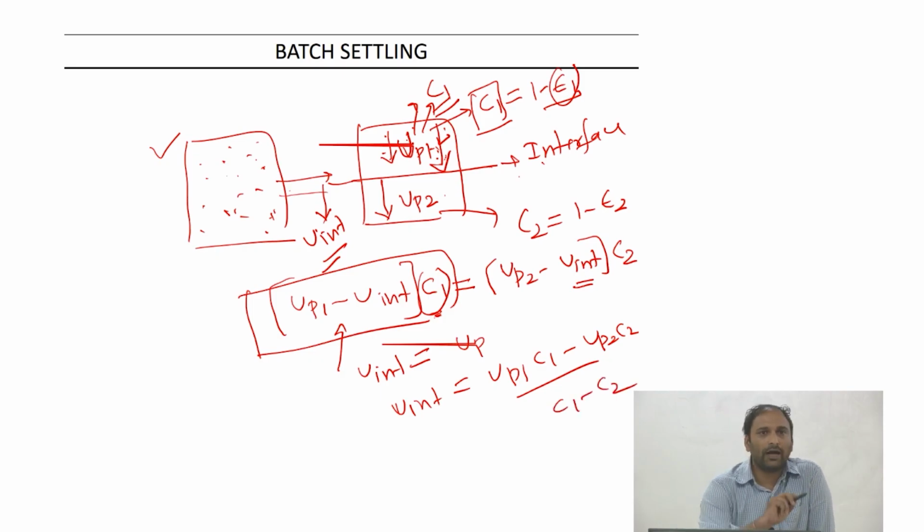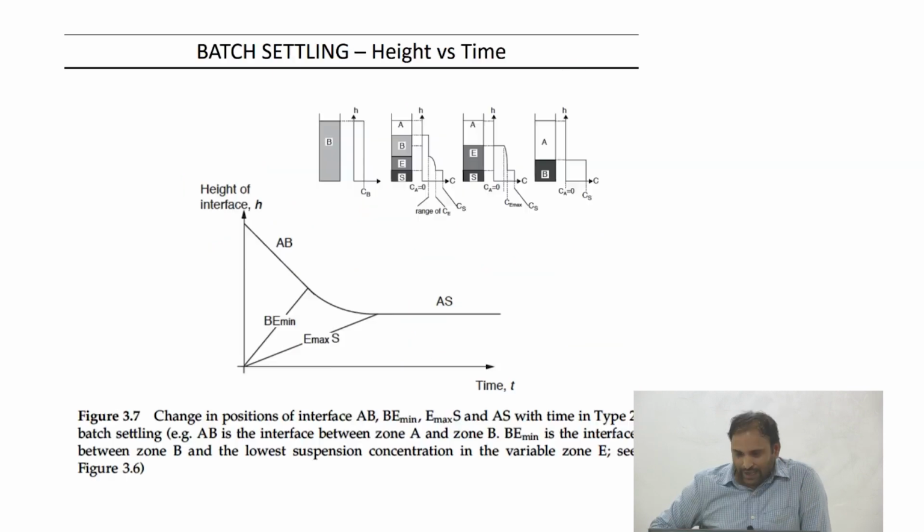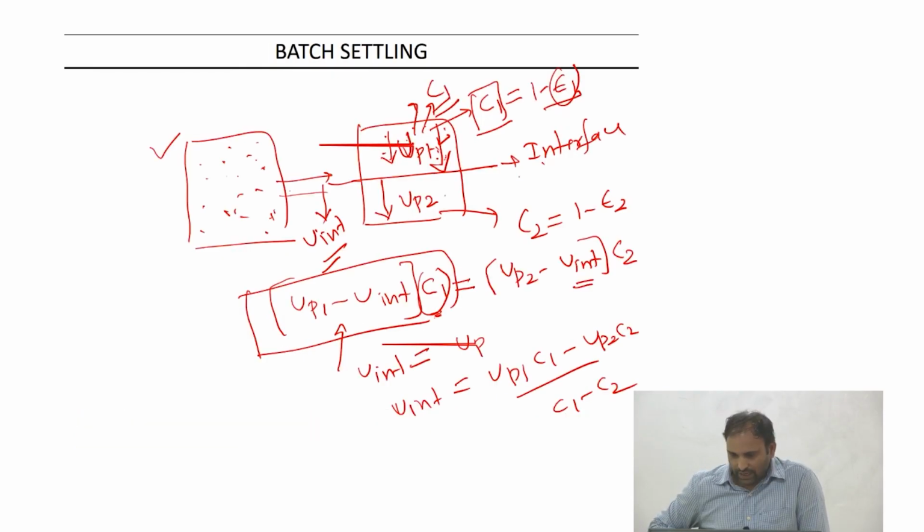Now if you go back to the cases where I had a region between the clear fluid and a zone of some concentration, I know that one of the concentrations is 0.